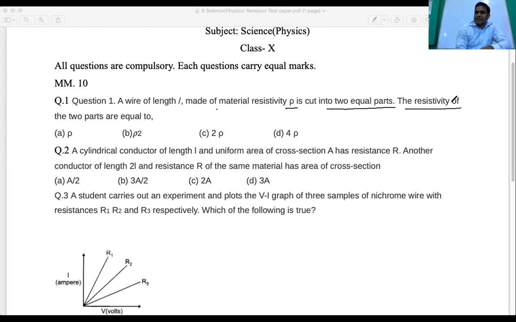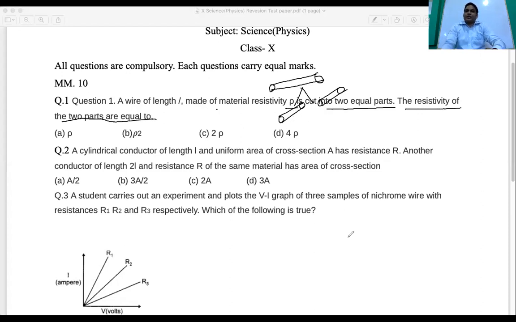The resistivity of the two parts is equal to what? If this is the wire, they have cut this wire into two equal parts. Now they are asking what will be the resistivity of the two parts.